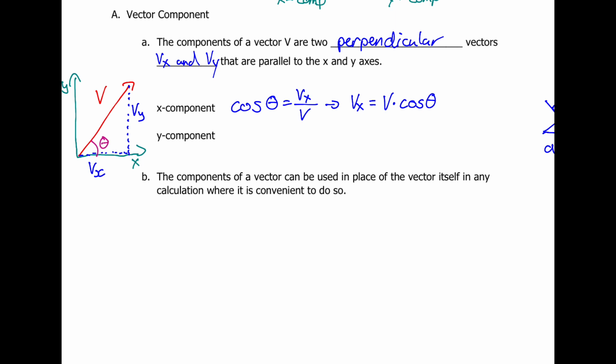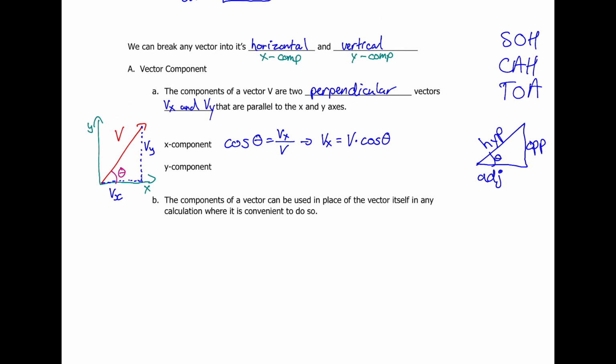The y component is exactly the same, but with a different ratio. Which ratio should we use for the y component? It's not that one. We've used that one. It's this one or this one. We use sine. I was really hoping for an enthusiastic response there.